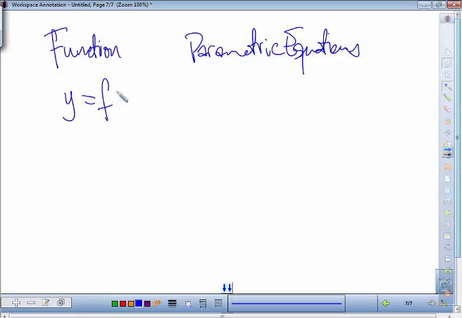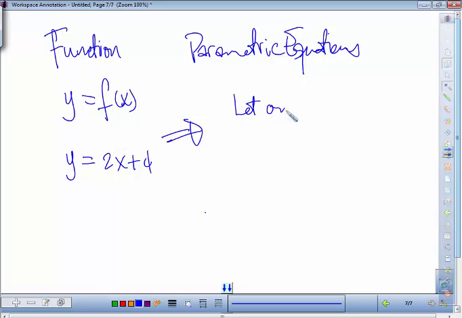But usually, we're used to graphing functions like y is equal to f of x. For example, y is equal to, give me a function, 2x plus 4. That's a function, right? Going from a function to a parametric function is pretty easy. What you would do is you would just let one of the variables be equal to t.